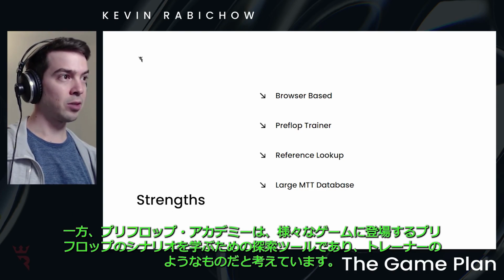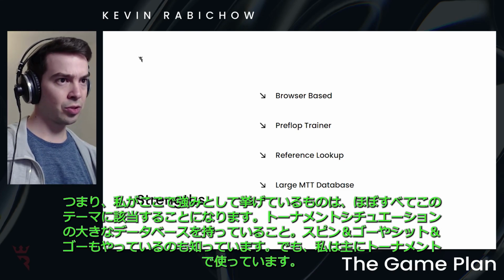Whereas I would use Preflop Academy more like an exploration tool and a trainer to learn about all the different preflop scenarios that come up in a variety of games. Pretty much everything that I've listed here as a strength falls under that topic: having a big database of tournament situations.